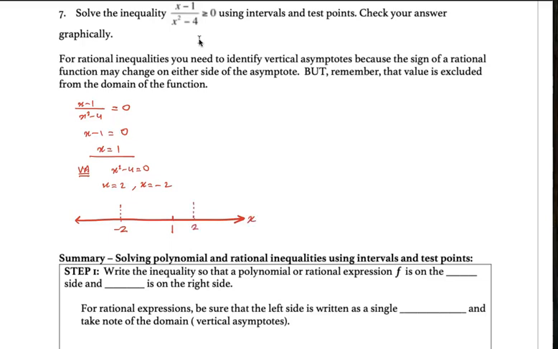Are you following that? So you mark the roots, or the zeros as we call them, and the vertical asymptotes on a number line like this. Then you take test values.